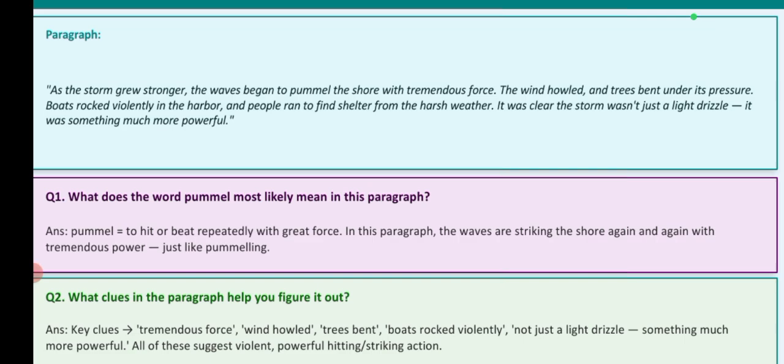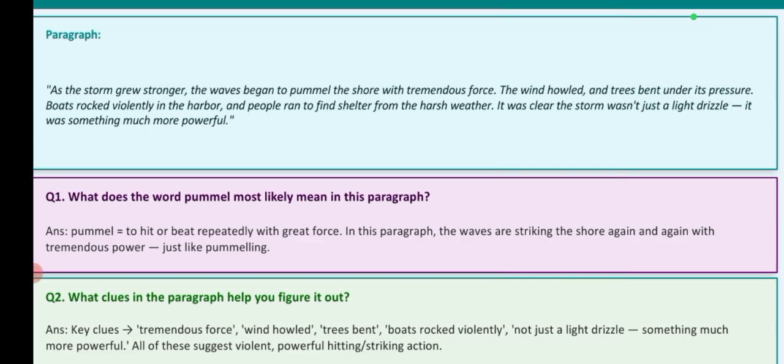Now, what does the word pummel mean? We can get the idea. Tremendous force is there. A storm is there, grew stronger. The waves began to pummel the shore. Pummel the shore मतलब अब ये थोड़ा आइडिया आना शुरू हो गया कि टकरा रही हैं जैसे ही तूफान.